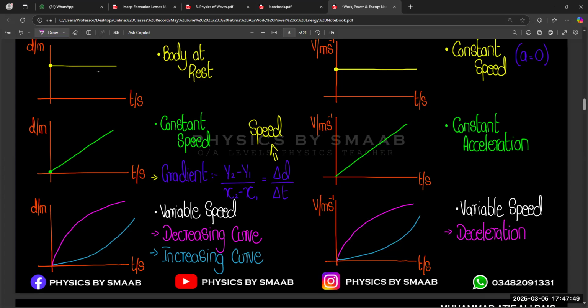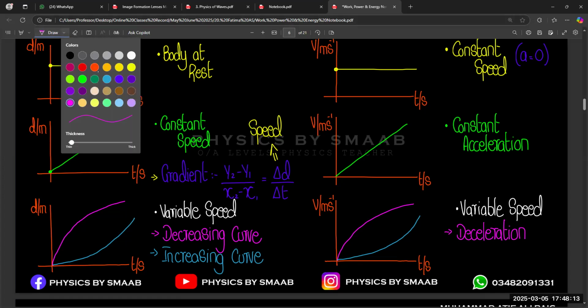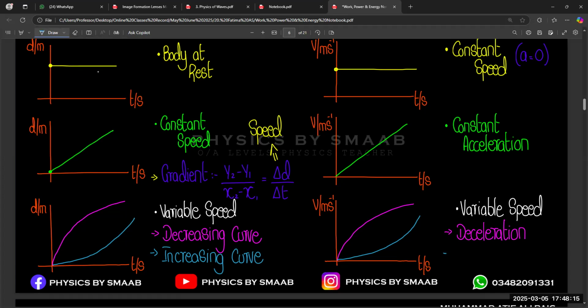For example, if we apply the brake, then after the application of the brake, the speed of the body decreases, and that is called deceleration, right? Because the value of acceleration is not increasing, the value of acceleration is decreasing. And the blue line represents the increasing curve, and that is called acceleration.